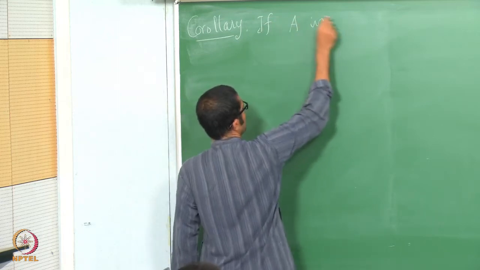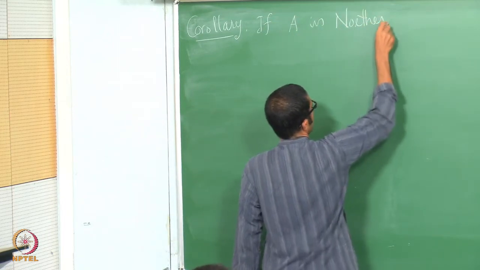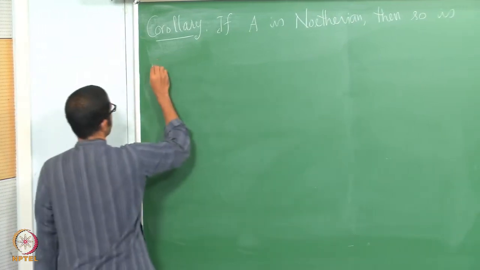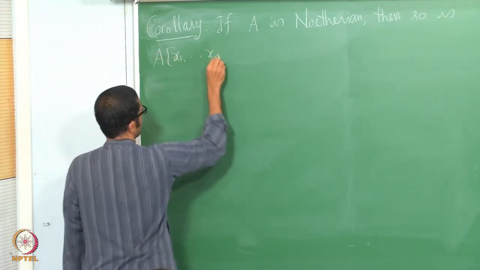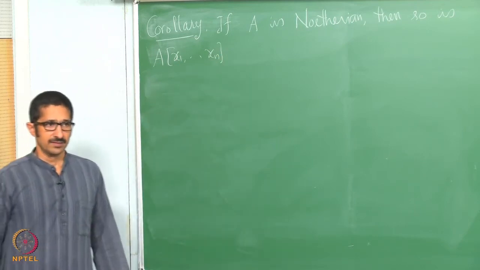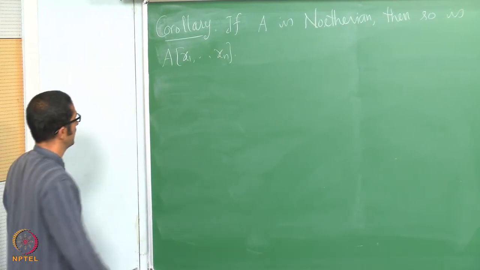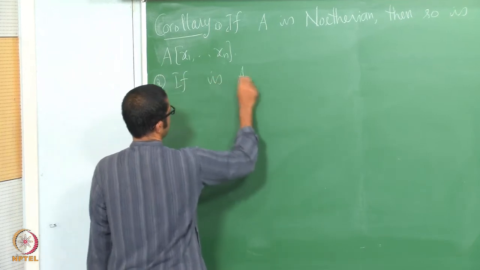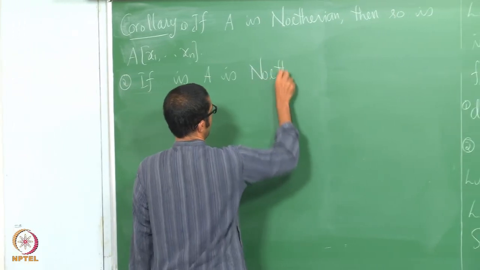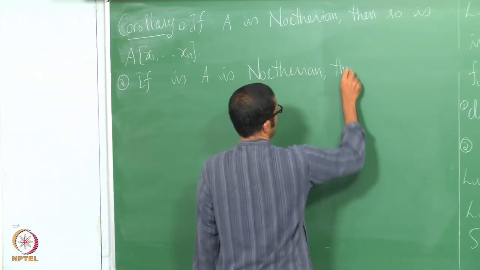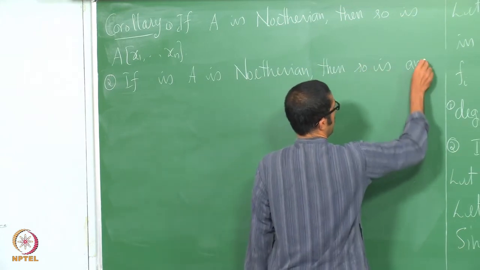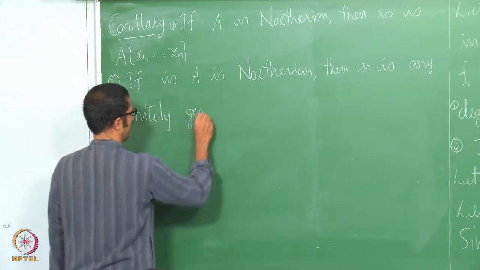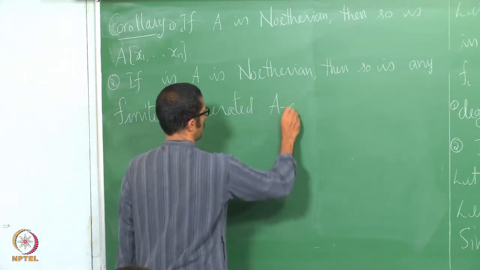If A is Noetherian, then so is A[x]. More generally, if A is Noetherian, then so is any finitely generated A-algebra.